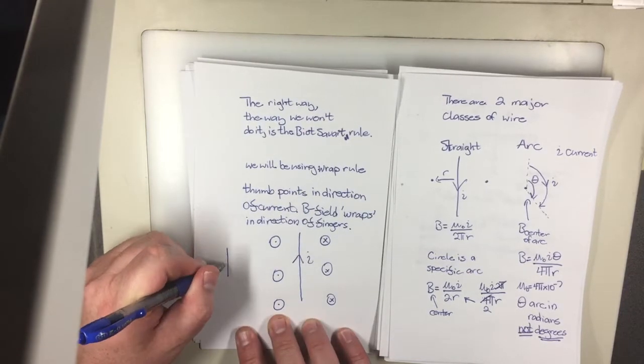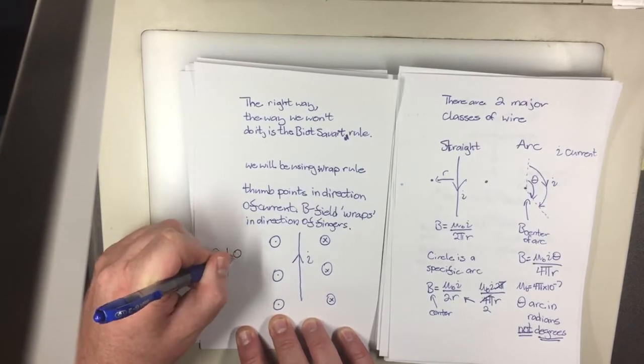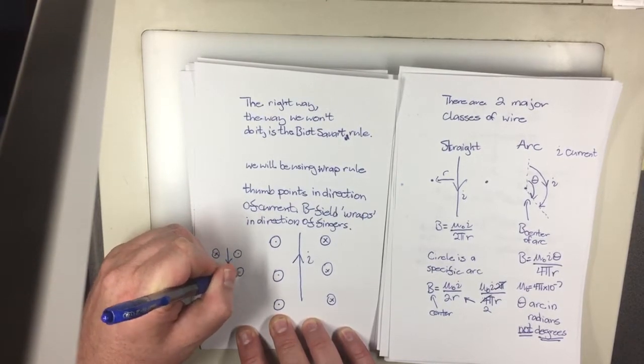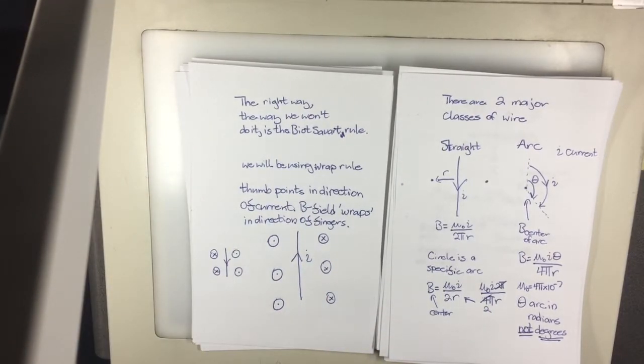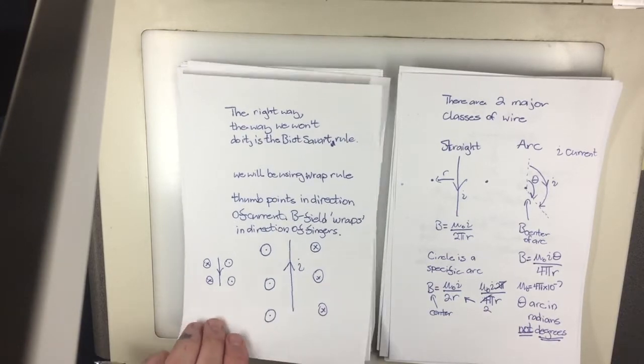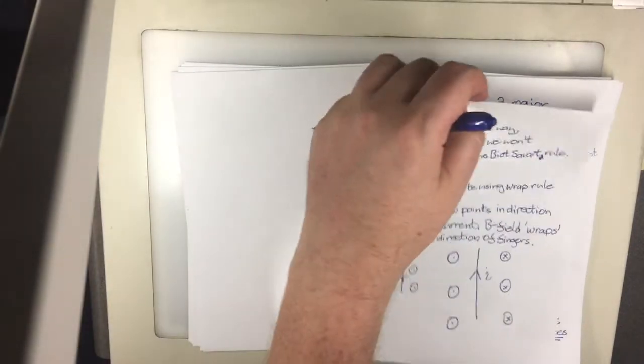If I had the current going in the opposite direction, the B fields would look like that. So this is for the current going up. This is for the current going down. If you wanted to know left and right, you could just rotate it like that, and then you got it.